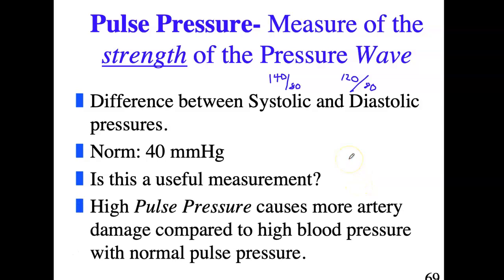Well, it turns out that a high value of pulse pressure, if you increase it beyond the 40, tends to cause more artery damage as compared to high blood pressure with normal pulse pressure. So if both of these are rising, the pulse pressure is going to stay the same. If either one of them drops or the other one gets higher, that pulse pressure changes.